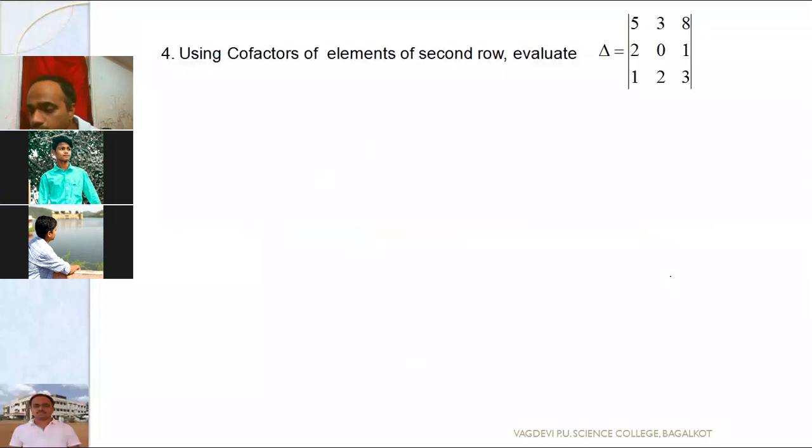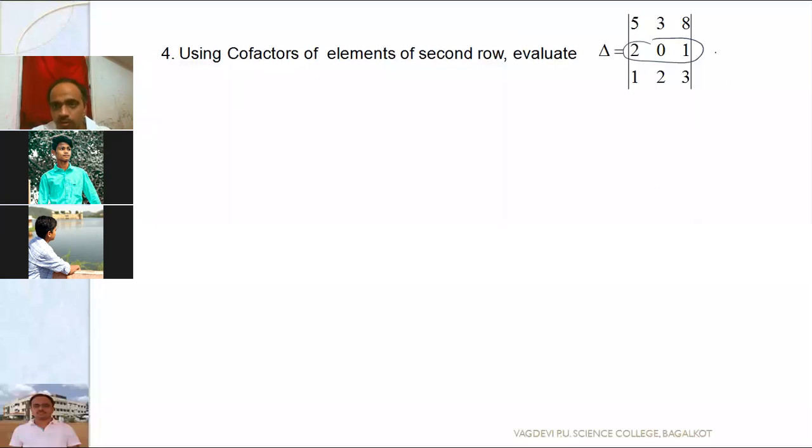Using the cofactors of elements of the second row, you have to evaluate the value of the determinant. Those who are having some confusion, please watch this example carefully and understand. What the question says is cofactors of elements of the second row. So I will mark the second row here. What is the second row here? 2, 0, 1. Correct?